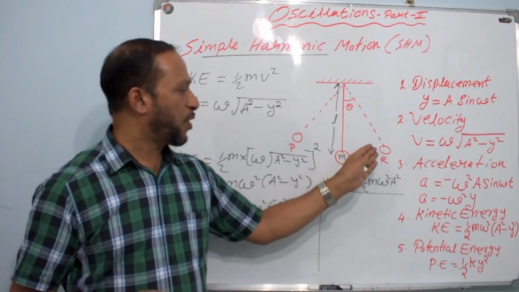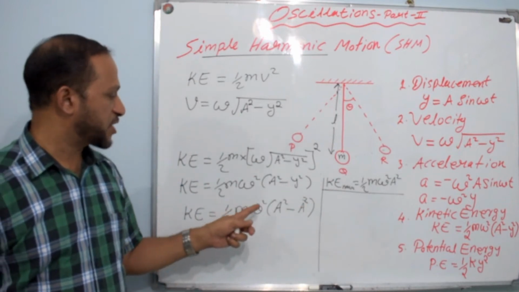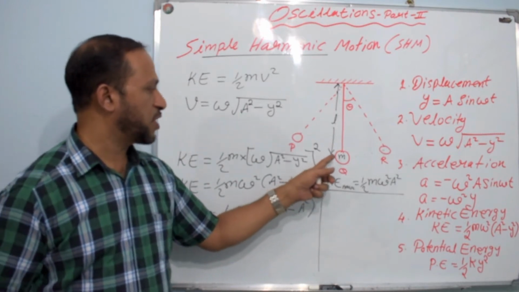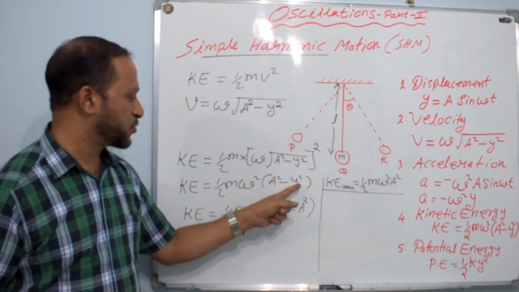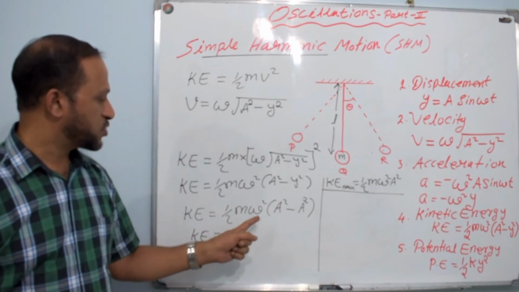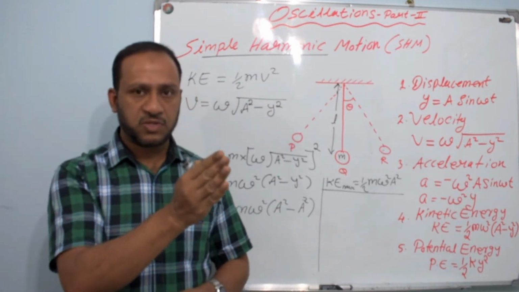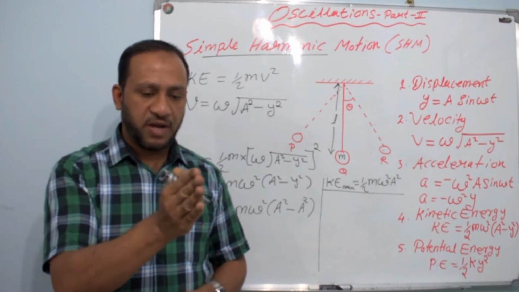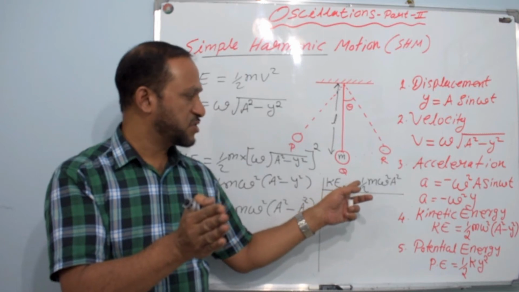And at the extreme point, kinetic energy becomes 0 because at the extreme point, y equal to a, displacement equal to amplitude. When displacement y becomes amplitude, maximum displacement, a square minus a square equal to 0, so kinetic energy is 0. Means when the bob is oscillating, at the equilibrium point, kinetic energy is maximum.